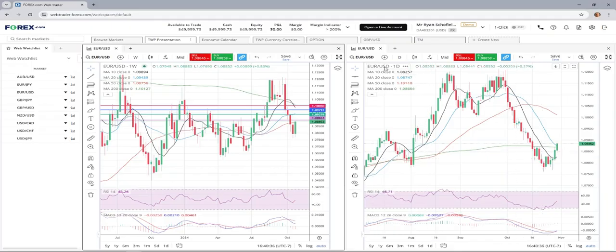The rising interest rates in the U.S. sending the dollar higher, so people are selling the euro, buying the dollar, and that's why you're getting this move here. That's going to be a common theme throughout most of these charts or currencies paired with the U.S. dollar.